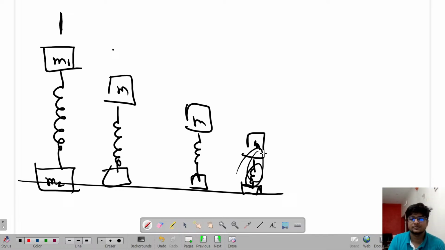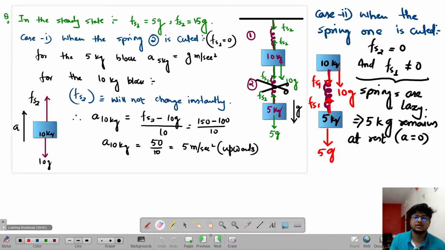Is that clear or not? Their movement is only there when the maximum compression happens. Till then this 5 kg is at rest. Clear?